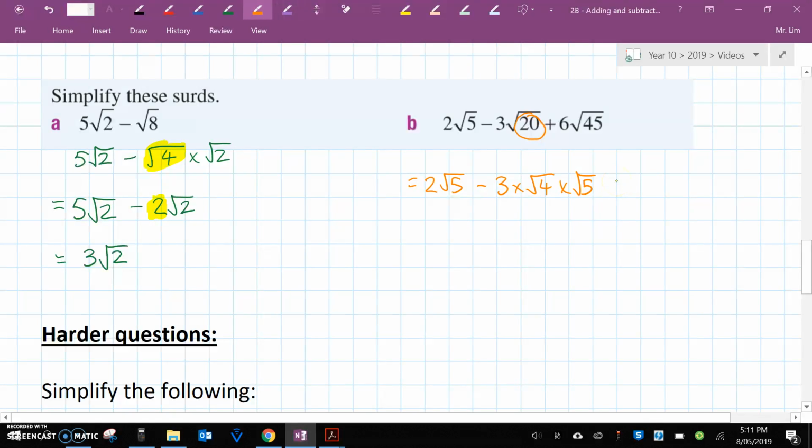Then I'm going to add my 6 times, what's the largest factor of 45 that is a square number? That's 9. So root 9 times root 5. 9 times 5 is 45, therefore root 9 times root 5 is root 45.